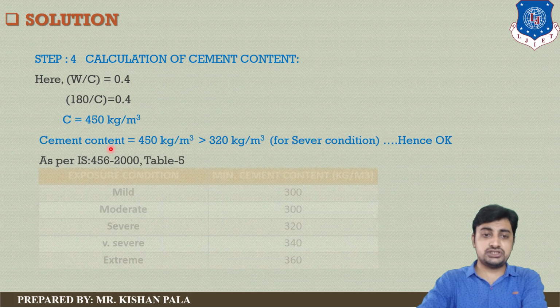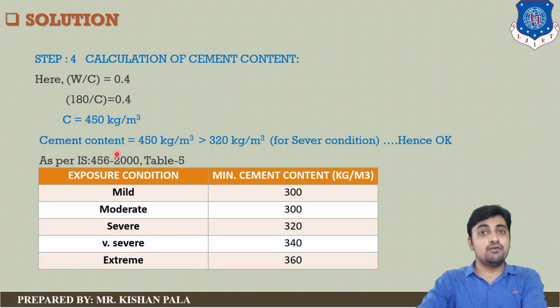And you have to check the minimum criteria for the Indian Standard. As we know, Indian Standard 456-2000 Table 5 gives a table for the minimum cement content with exposure condition of the concrete. For example, in mild and moderate exposure conditions, you have to take at least 300 kilograms per cubic meter.